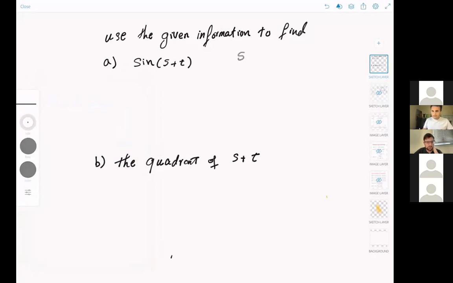Sine of S equal to 4/5 and sine of T equal to -3/5.